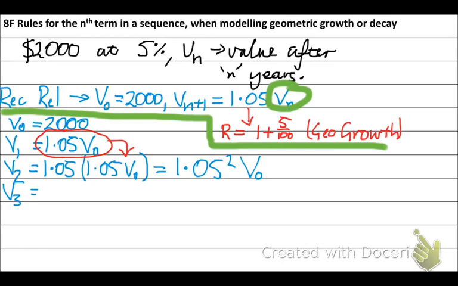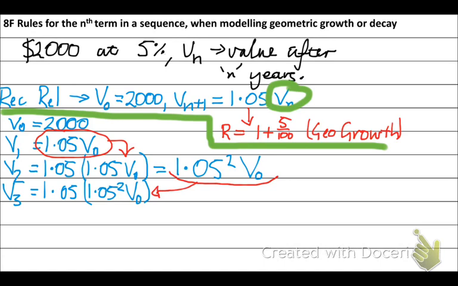The next term, V of 3, is going to be equal to 1.05 times 1.05 squared times V of 0, remembering that our previous term was 1.05 squared times V0, and so on.